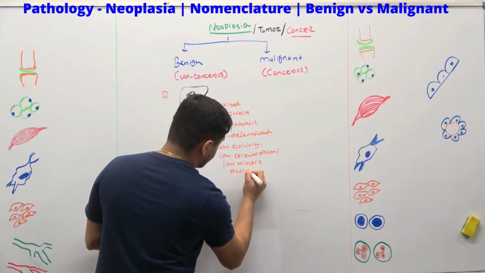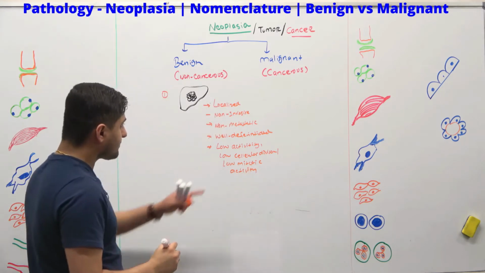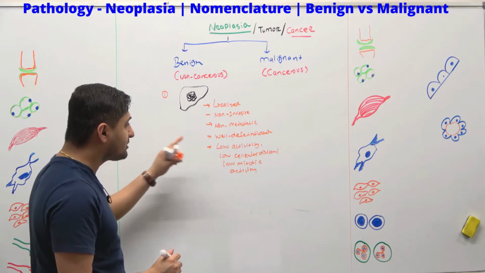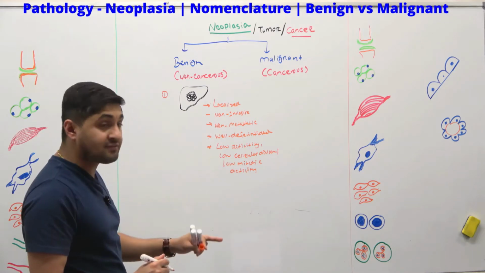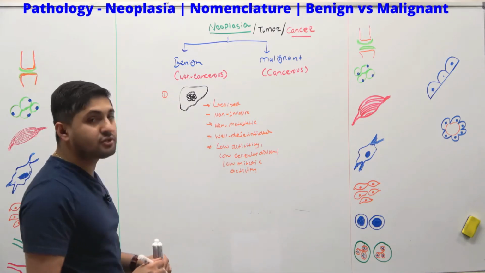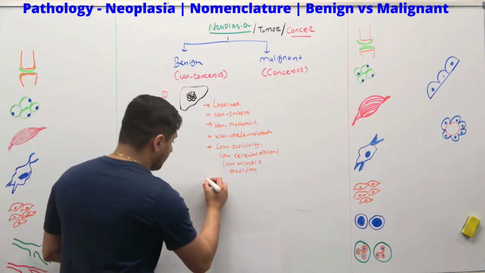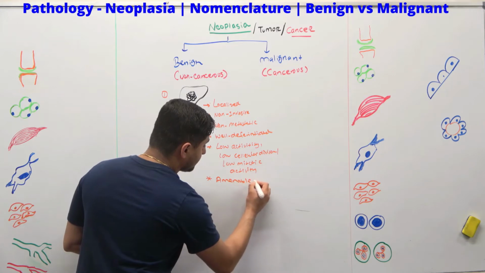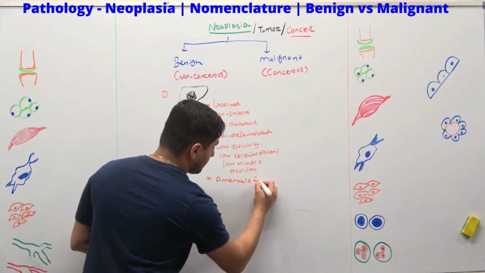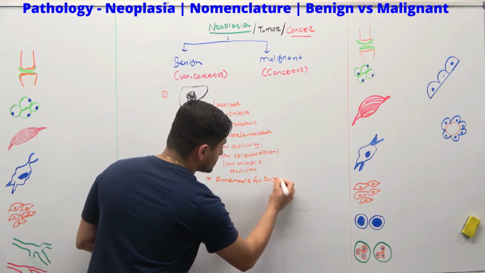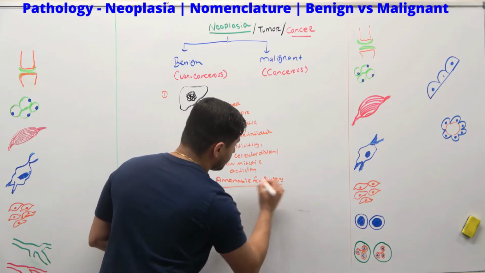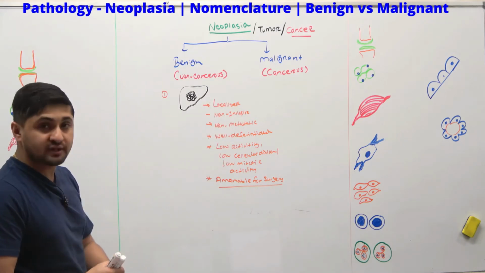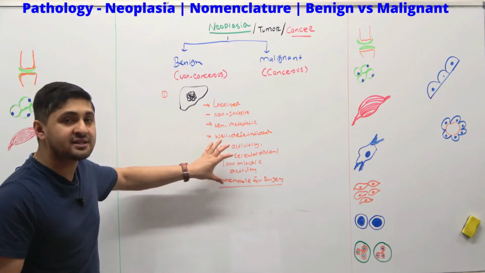So it is a localized mass, non-invasive, non-metastatic, well differentiated, with low mitotic activity, and usually benign tumors are amenable to surgery. You can surgically remove this benign tumor. This is very important, and these are usually non-cancerous tumors.